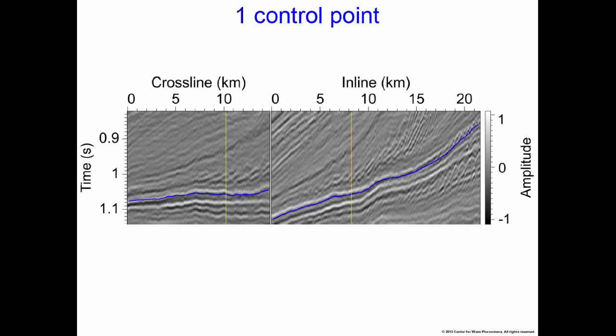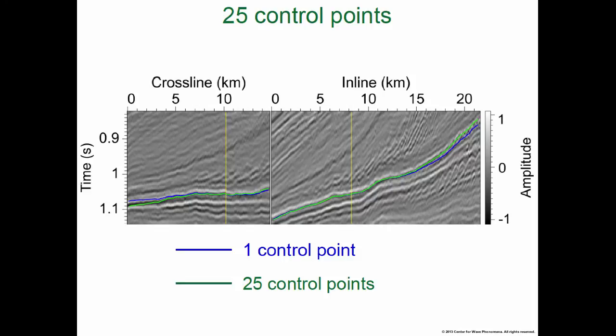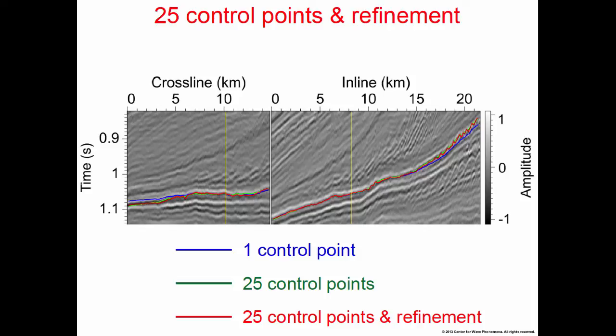Here is an example. The blue curves here represent a surface we extracted by using one control point. And the green curves here represent the surface we extracted by using 25 control points. Now the red curves here represent the surface after the refinement by using the active surface method.